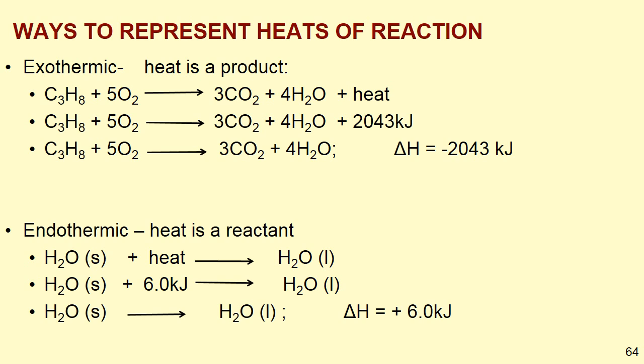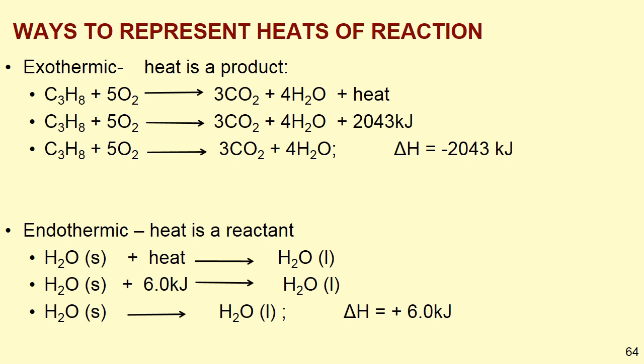Endothermic reactions, and this reaction is actually ice melting, so H2O solid going to H2O liquid. So we can, like before, either write the word heat. Heat is a reactant in this case. You have to put it in. Or you can figure out how much heat you need, and you can write that in. Someone else putting them in a reaction can put the actual number. And so if you see a number, you realize that's how much energy you need to put in.